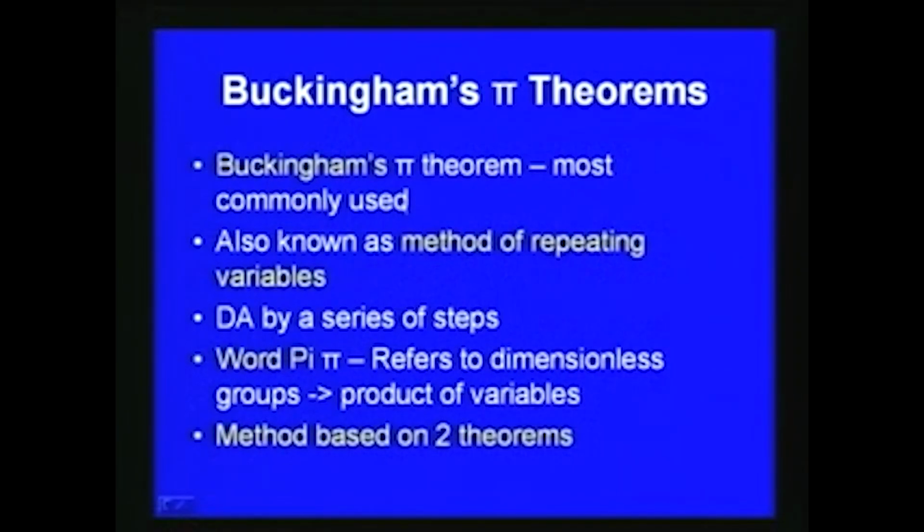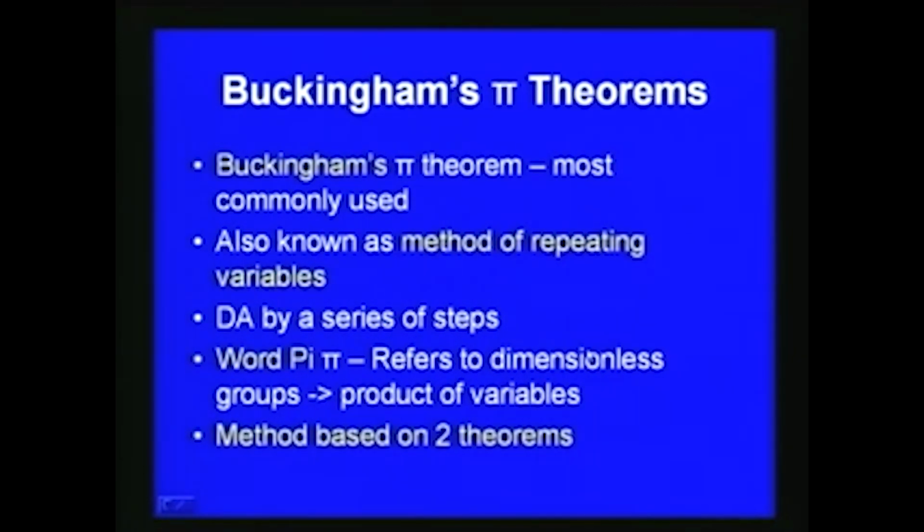In Buckingham's pi theorem we do the dimensional analysis through a series of steps. Here the word pi refers to dimensionless groups or products of variables. Now we will discuss the details of Buckingham's method.